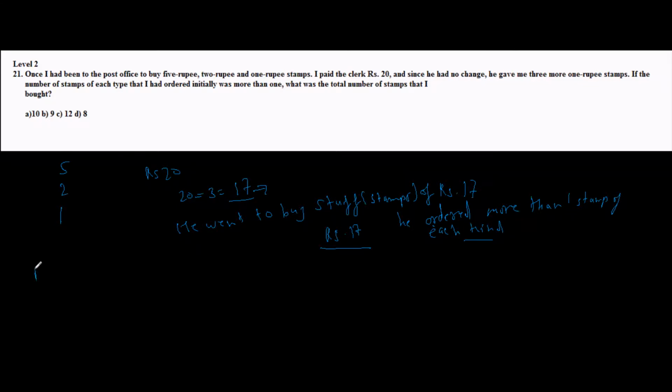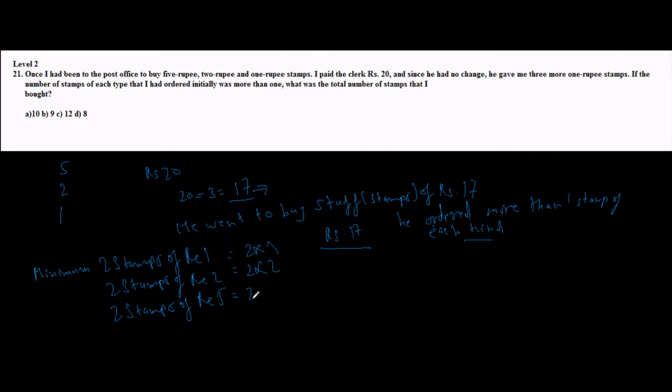So that means he ordered a minimum of 2 stamps of rupee 1, 2 stamps of rupee 2 and 2 stamps of rupee 5, which gives me the total value of 2 into 1 plus 2 into 2 plus 2 into 5, which will sum up to 2 plus 4 plus 10, that is 16.